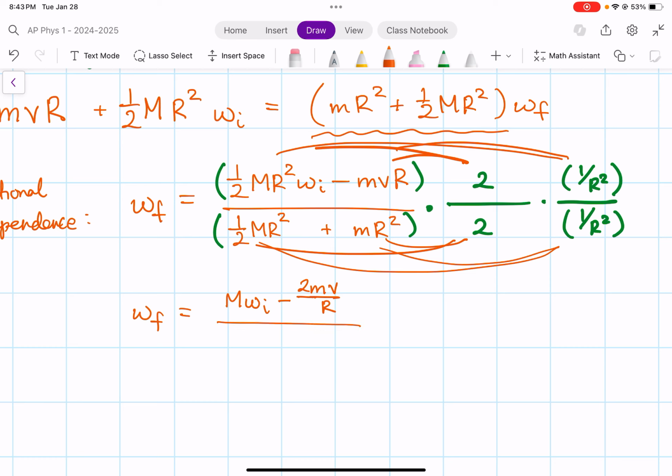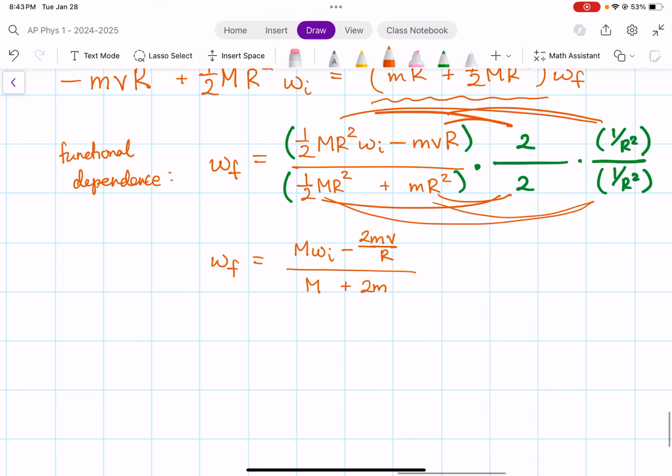Divided by capital M plus 2 little m. So isn't that a lot nicer to look at? I think it is. So this is our functional dependence. It looks very complicated.